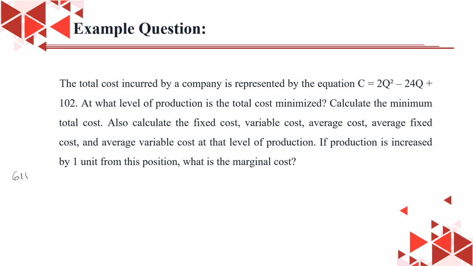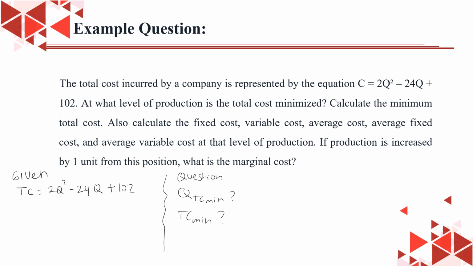Okay, given that we have a function of total cost 2q quadrat minus 24q plus 102, the question is, first of all, at what level of production is the total cost minimized? What is the Q when the total cost is minimized, and what is the TC min? And calculate the fixed cost at this position.